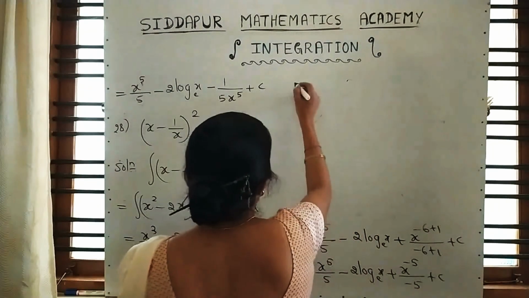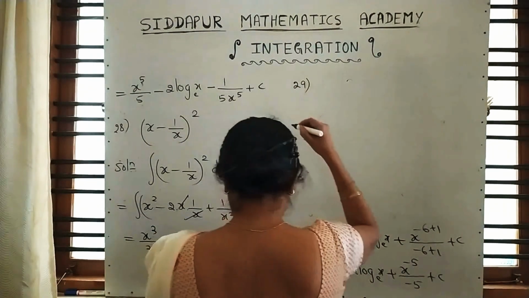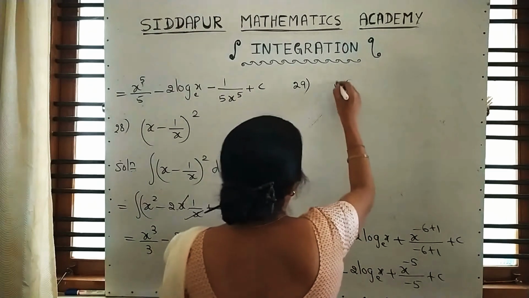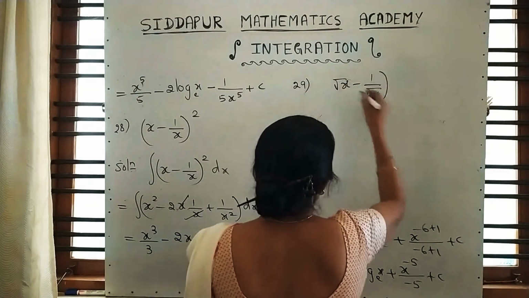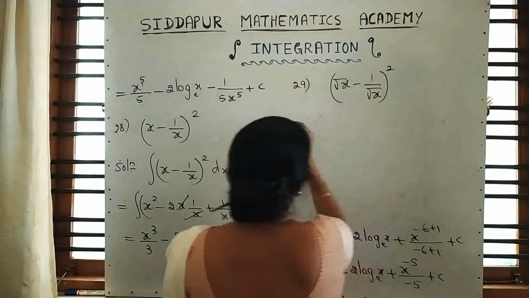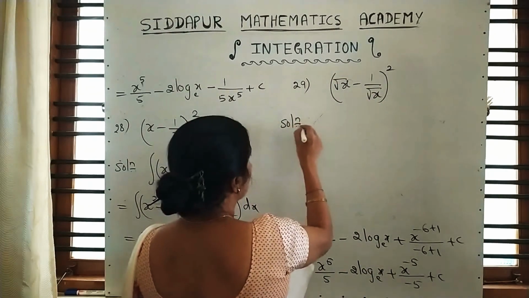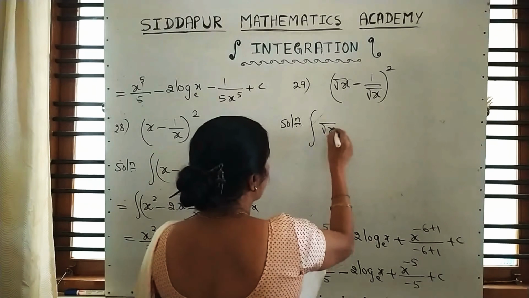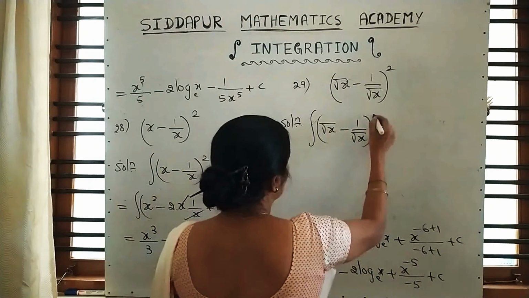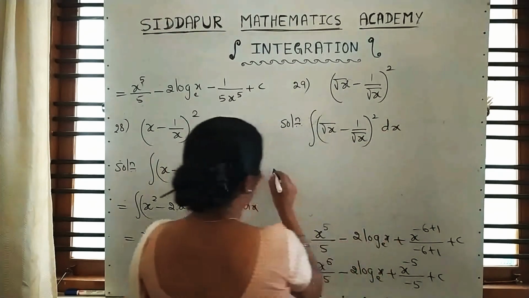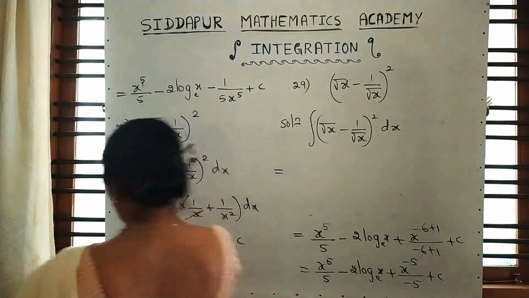Question number 29. Root x minus 1 by root x whole square. So in the solution, write down with integration sign. And apply a minus b whole square.